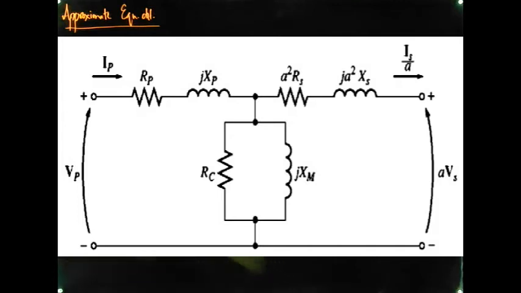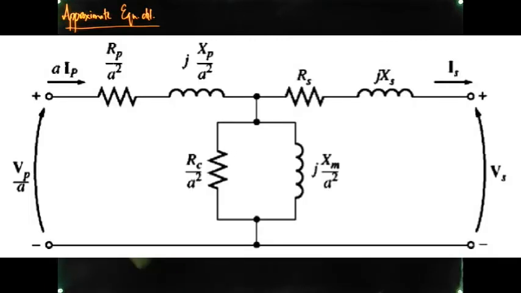If we refer the primary side to the secondary side, RP and XP basically get divided by A square on the secondary side. So these are not approximate equivalent circuits. These are the same equivalent circuits that we have studied in the last lecture.